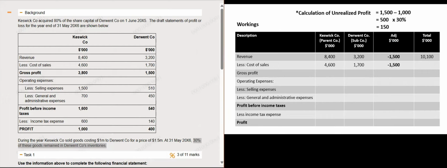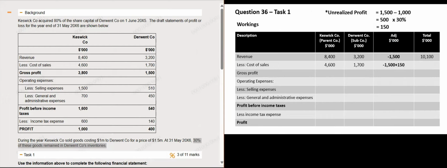We will therefore need to remove the amount of unrealized profit. As this profit now forms part of the cost of Derwent's closing inventory balance, we will need to reduce the amount of inventory by 150,000, which has a consequential impact of increasing the amount of cost of sales by 150,000. Therefore, we will need to add this back to our cost of sales figure as an adjustment.